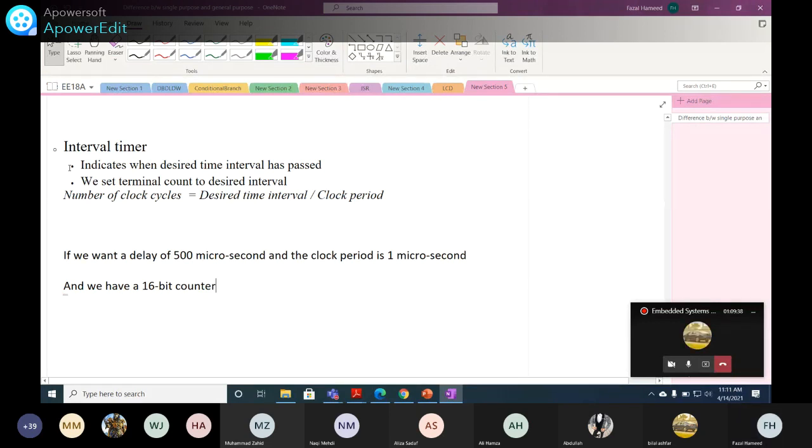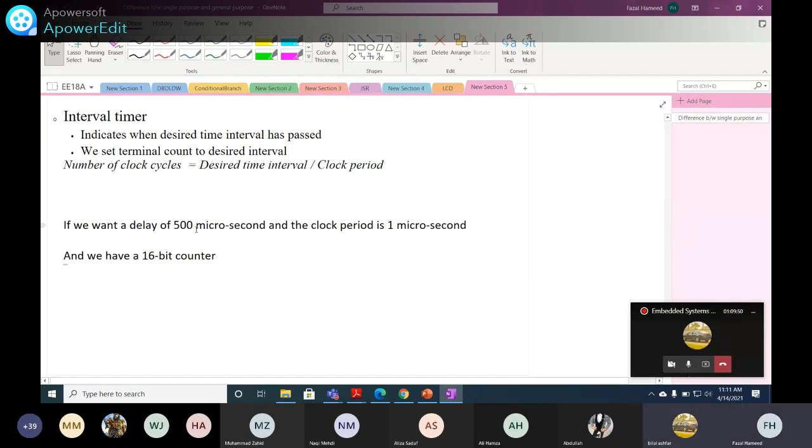Tell me, beta. Sir, we will make the maximum count as much as the 16 bits allow, for the delay of 500. We have a 16-bit counter. So the maximum value of the counter is 65,535, multiplied by 1 microsecond.